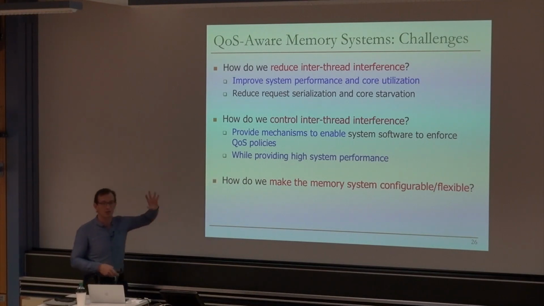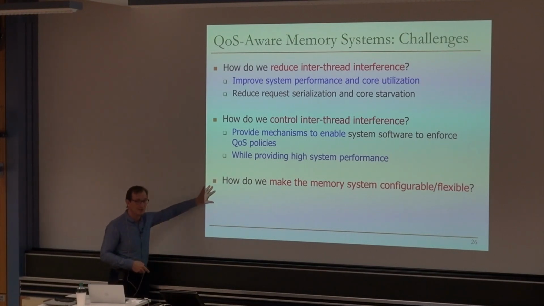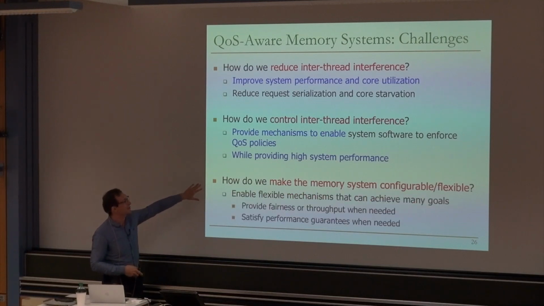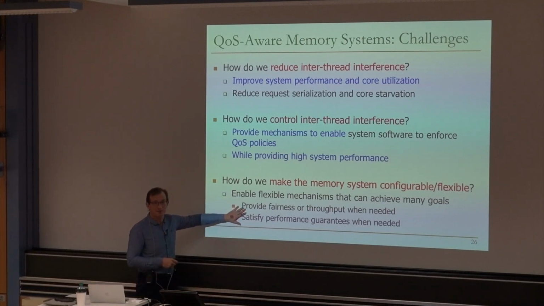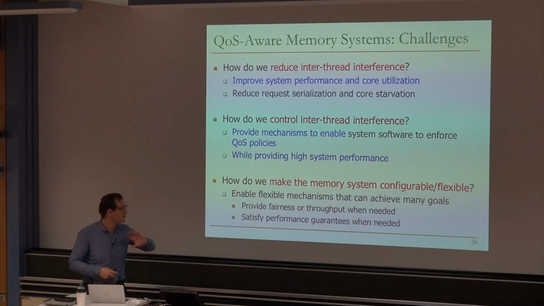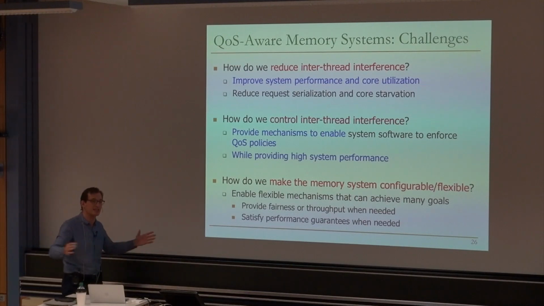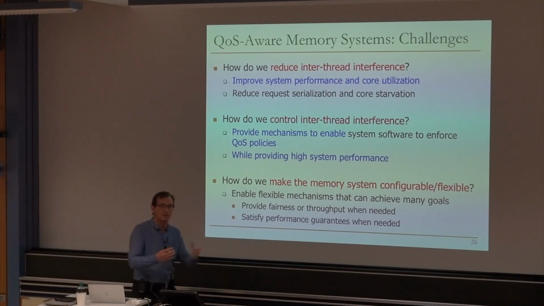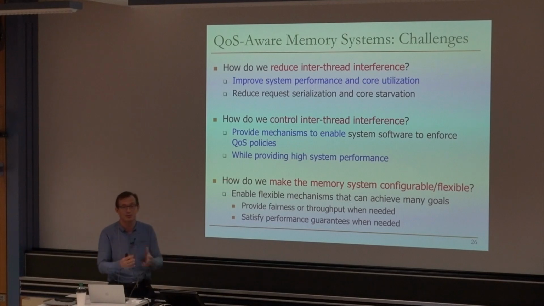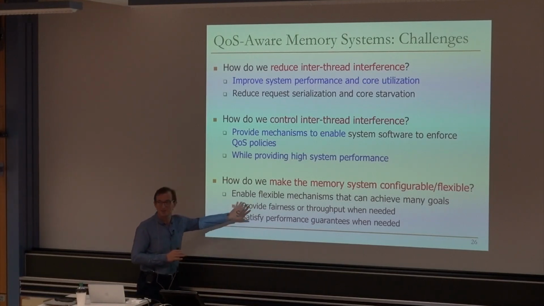Okay, and the next one is a little bit more advanced maybe, but you really want to make the memory system more configurable or flexible because there are many goals that you need in different workloads. So sometimes you care about fairness, sometimes you don't care about fairness, right? Because the program is designed, and you're running a single program where multiple threads are interfering with each other, but the program is designed to provide fairness internally. I'm not suggesting that's easy to do, but that's possible.